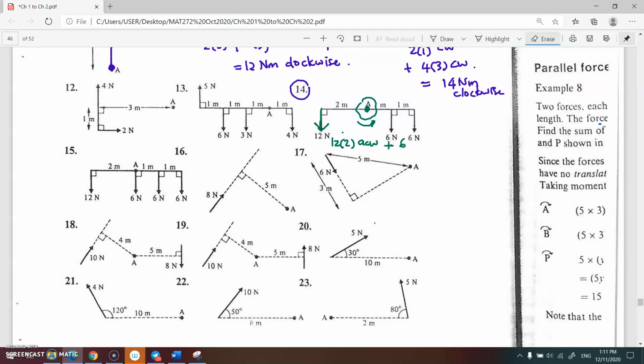The distance is 1. So we pull it here, so it becomes clockwise. And then we have 6. The distance is 1 plus 1, which is 2, clockwise. Okay, so we get negative 24 plus 6 plus 12. So 12 minus 6 is 6. 6 minus 24, so you get negative 18. Negative 18 Newton meter clockwise.